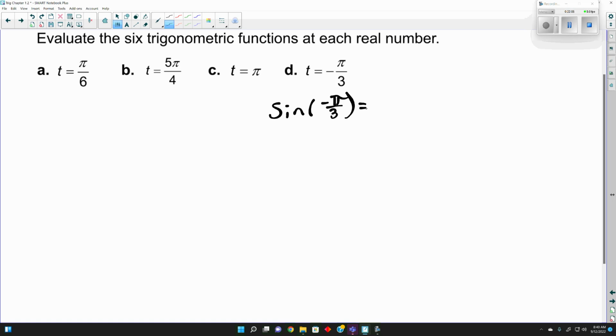Another way we can look at this is saying negative pi over 3 plus 2 pi. I can find its coterminal angle. I can find the other angle that will work out the same. Because if we did this here, we'd get 5 pi over 6. And if we look at the unit circle, not 5 pi over 6, I'm looking at the wrong spot.